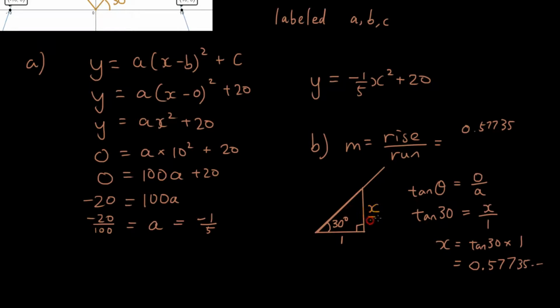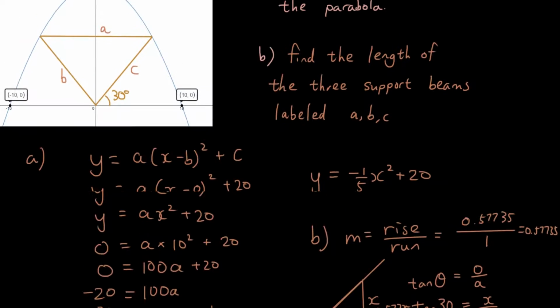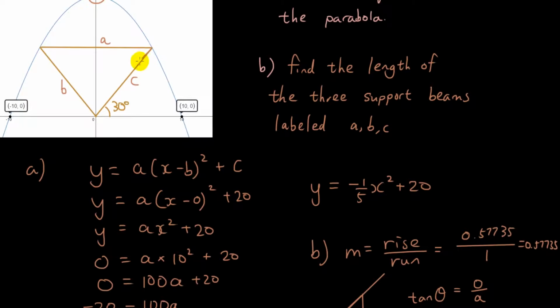The rise is 0.57735 over 1. So the gradient is 0.57735. So the equation of this line here is actually y equals 0.57735x.